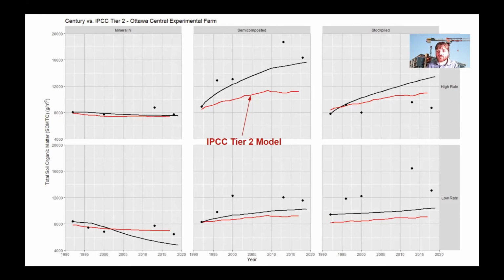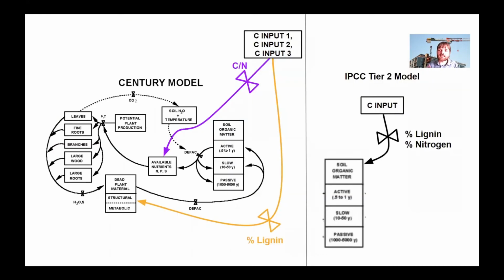And I think the reason for this has to do with how it handles carbon input. Because the way Century handles carbon input here on the left is you can have an infinite amount of different carbon sources, and they each have their own nitrogen and lignin contents. That's very similar to how this IPCC Tier 2 model works. Of course, it's based on Century, so it should be similar.